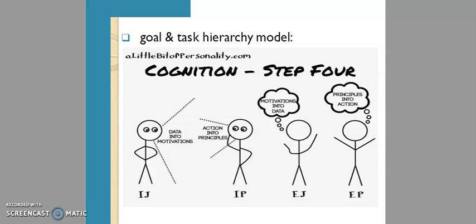layout tables and histogram, write description. So goal and task hierarchy includes GOMS. GOMS describes goals, operations, methods and selections. This diagram shows the cognition step: data into motivations, actions into principles, motivations into data and principles into actions.